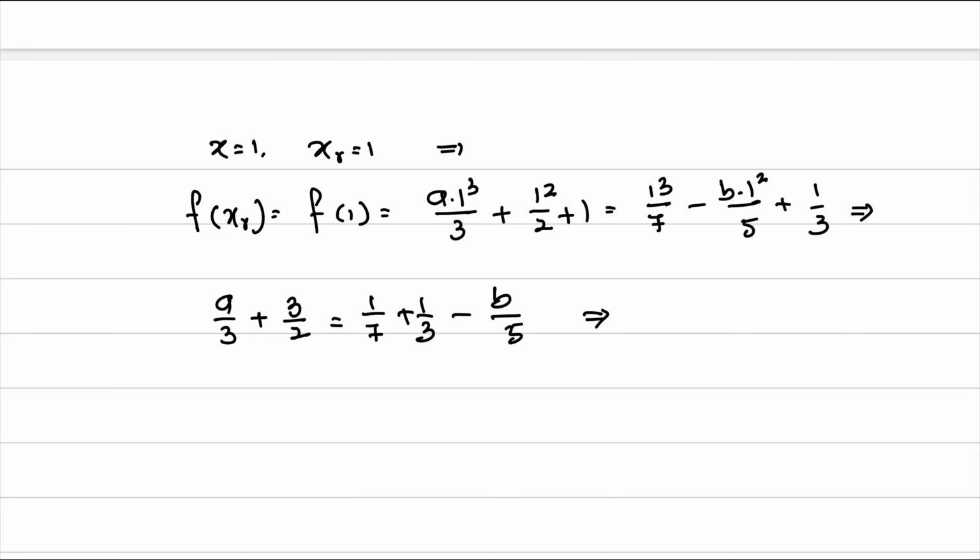When you take a and b on one side and constants on the other side, a by 3 plus b by 5 is equal to 1 by 7 plus 1 by 3 minus 3 by 2.